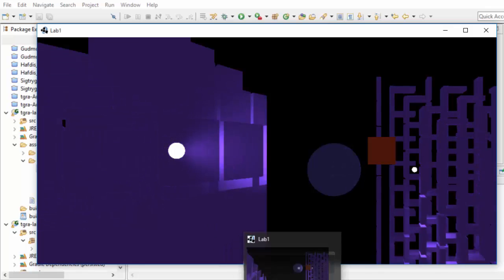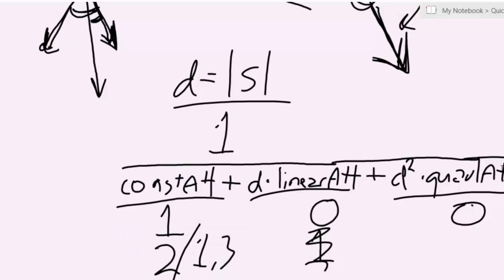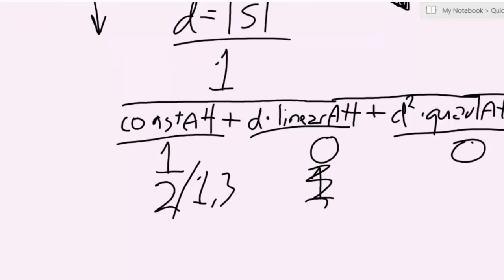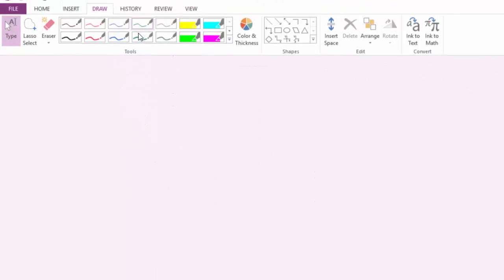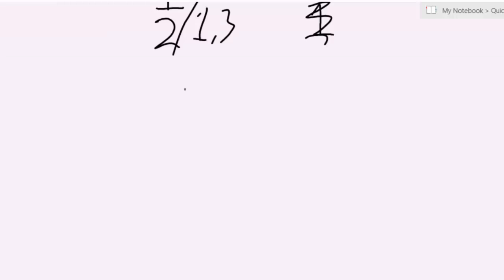But if we look at a drawing again, and draw what this looks like, going from the fragment shader, if we're going to look at the light position and the light direction.